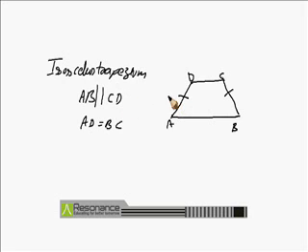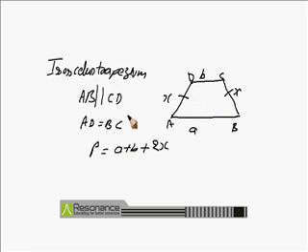Let's say the length of AB is small a and the length of CD is small b, and the length of AD and BC is x units. So the perimeter of this isosceles trapezium is the parallel sides plus the lengths of the two non-parallel sides, which are of length x units, so x plus x is 2x.